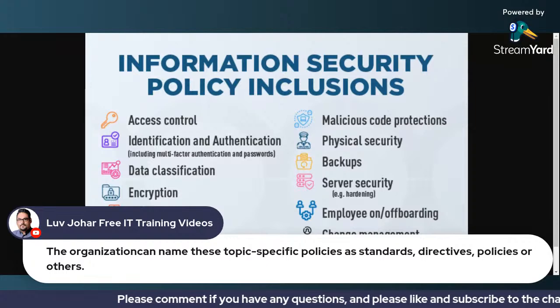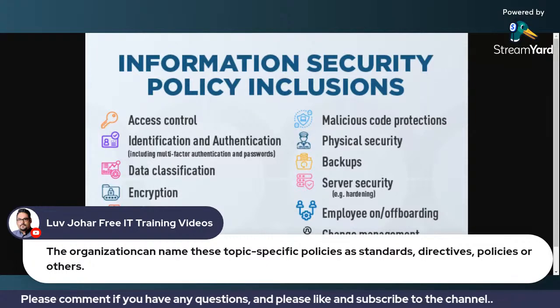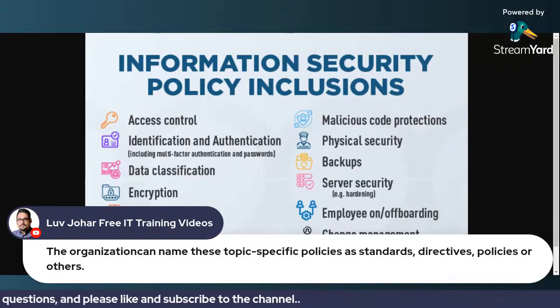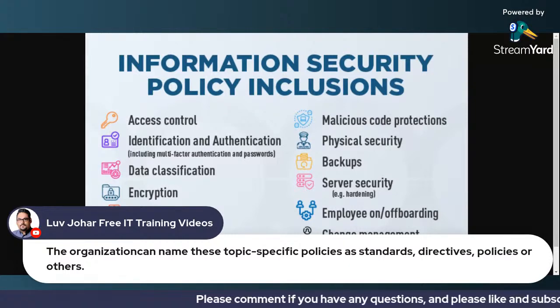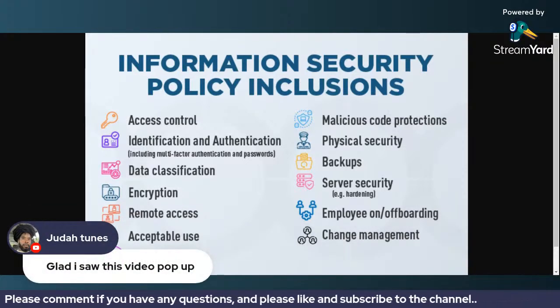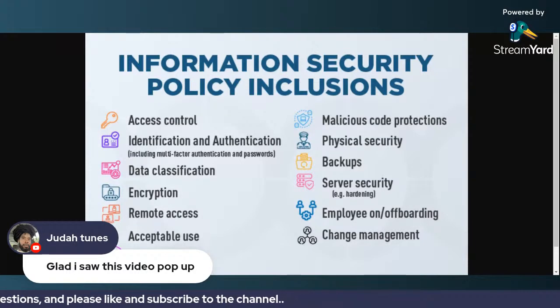It can be approved at a different level of expertise and different level of management that we have already discussed in the video. So I hope this lays out a clear foundation for you in terms of what the top level information security policies and topic specific information security policies are.